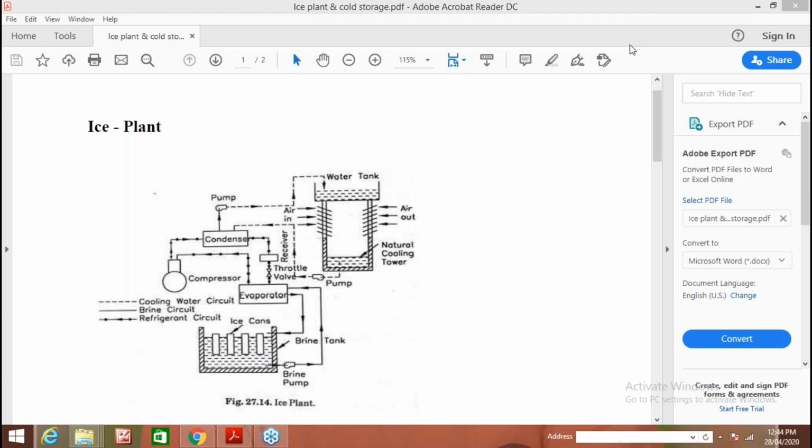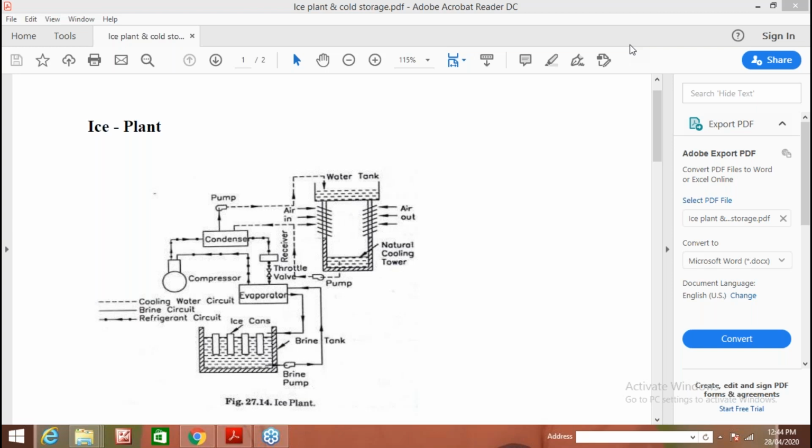But ammonia is hazardous. That is why brine is used, so ammonia is not directly in contact with ice. Ammonia takes heat from the brine, and the brine takes it from the water. Understood? This is a very important part.